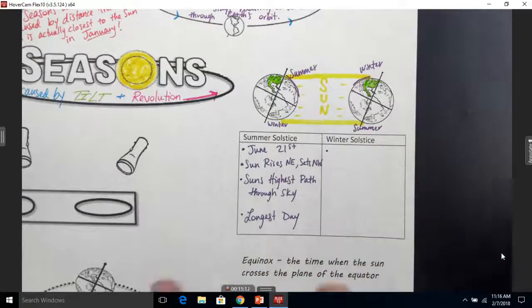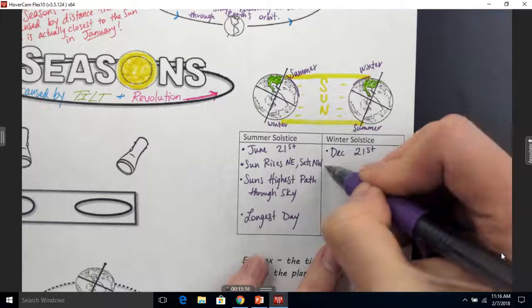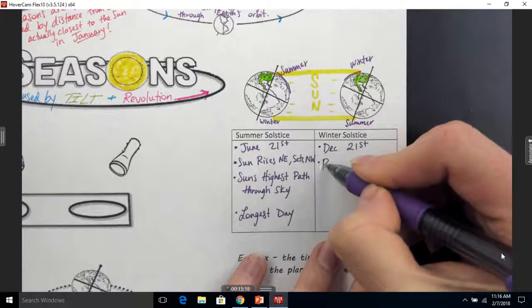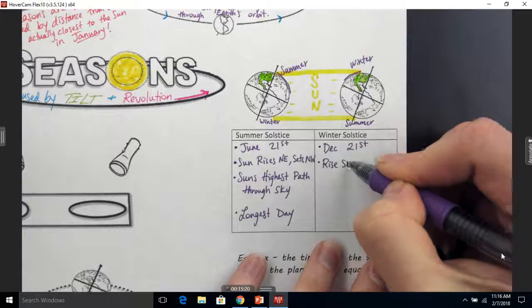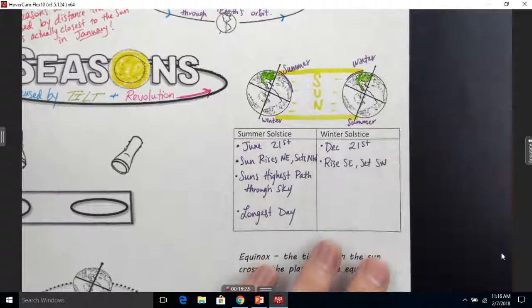Okay, hang on. Winter solstice is December 21st. The sun will rise in the southeast and set in the southwest.